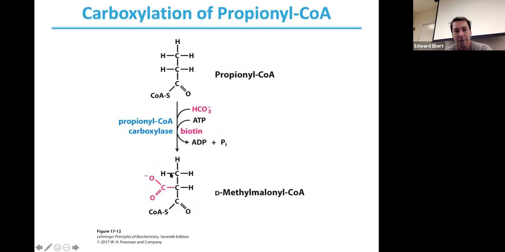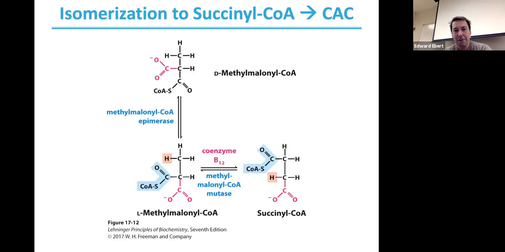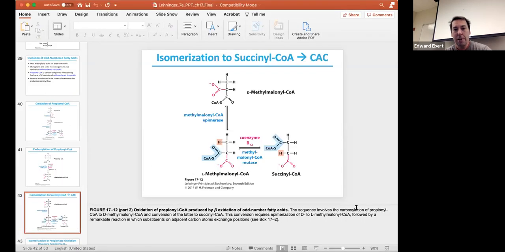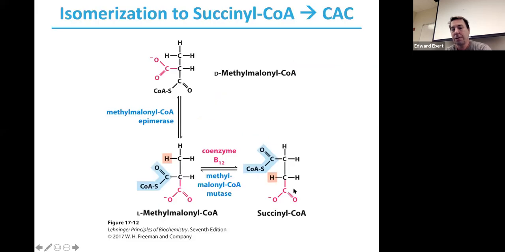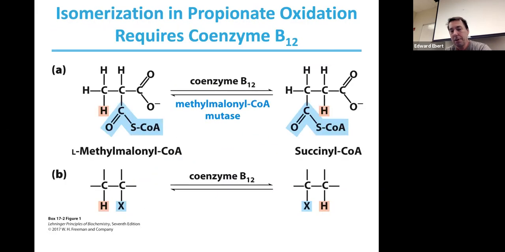And then for our last step, we're essentially going to shift this over to the last carbon and basically move this carbon up here. So again, we're moving a single carbon unit, just with a CoA attached to it, to make our succinyl-CoA. Okay, and our succinyl-CoA can then further go into our various metabolic pathways.